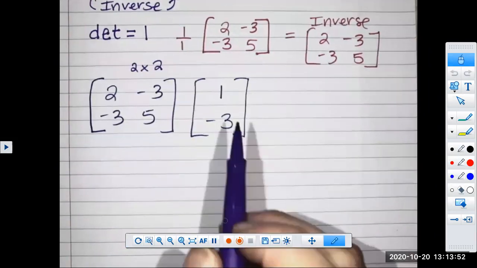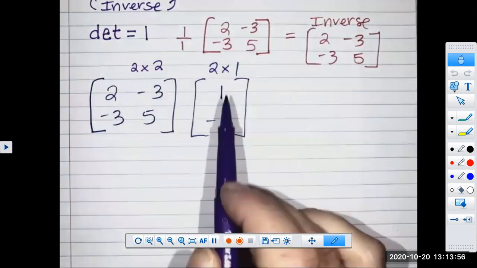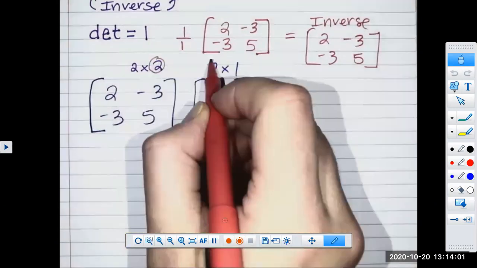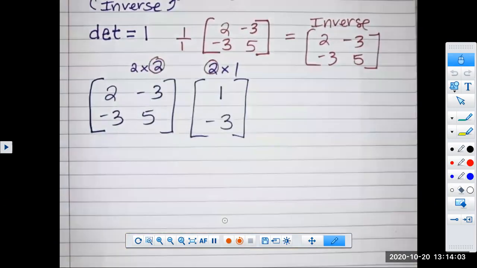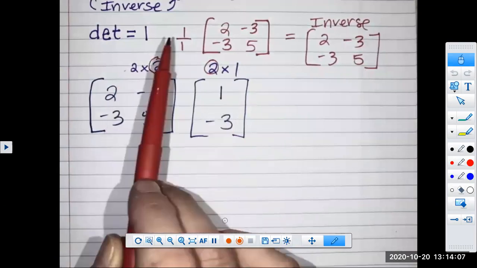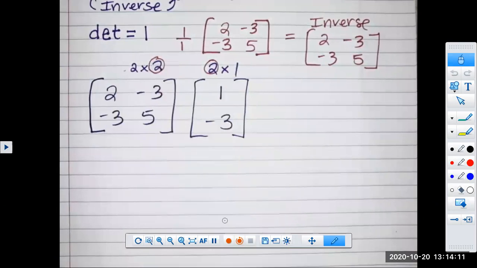There you go, 2 by 1, row by column. So it's got 2 rows, 1 column. As long as these inner numbers are the same, they will multiply. What should the dimensions of your answer be? A 2 by, it's the numbers outside. So that's kind of a way you can know if you did it right at the end.